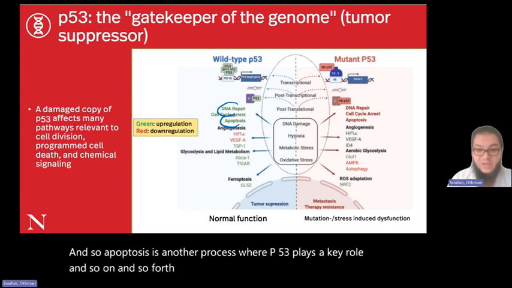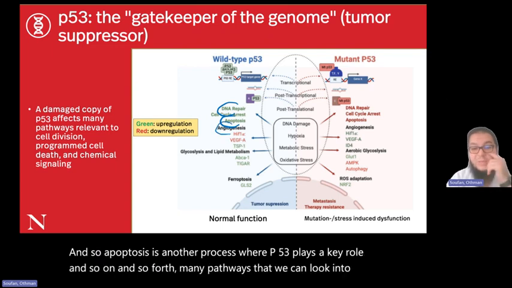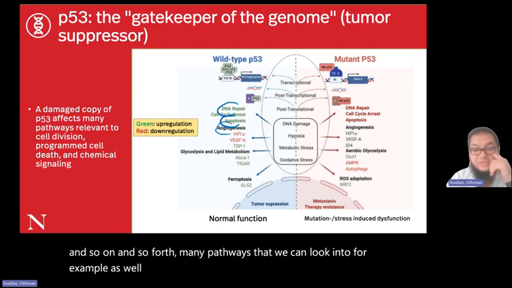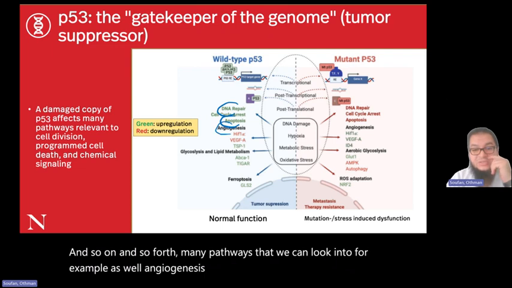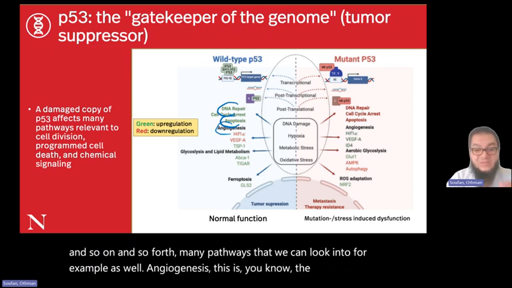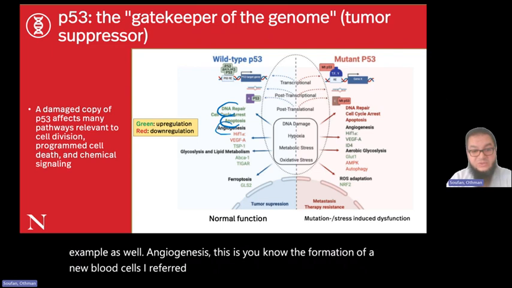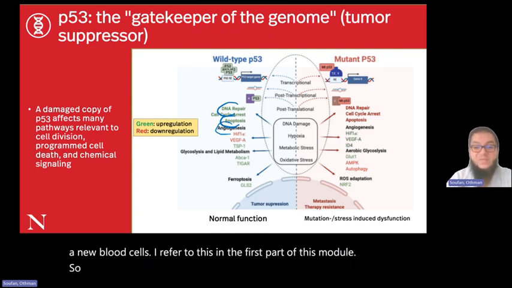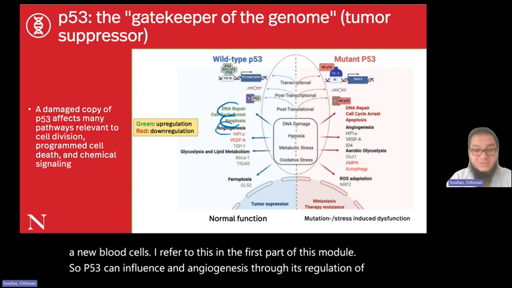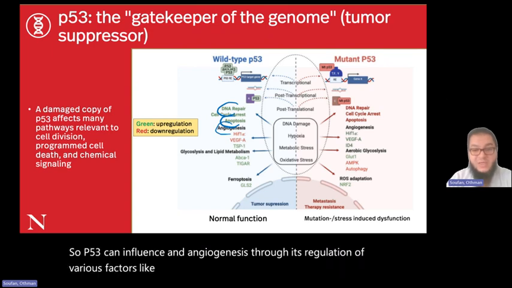There are many pathways we can look into, for example, angiogenesis, the formation of new blood vessels. I referred to this in the first part of this module. p53 can influence angiogenesis through its regulation of various factors like TSP1, ID4, and so on.